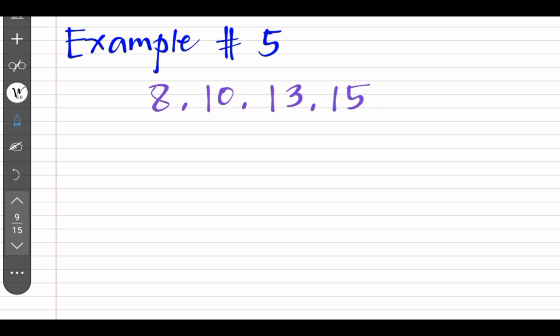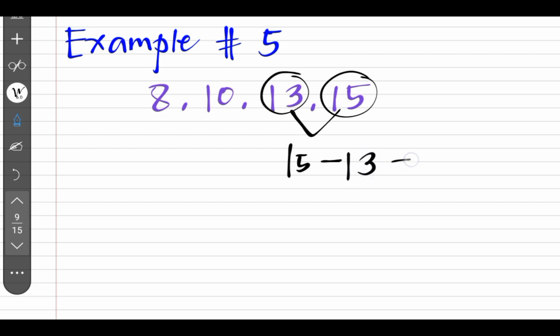Again, to get the difference of the two consecutive terms, you will always start from the right going to the left. So the right number is 15. So 15 minus the left number, which is 13. So 15 minus 13 is equal to 2. So the difference is 2.